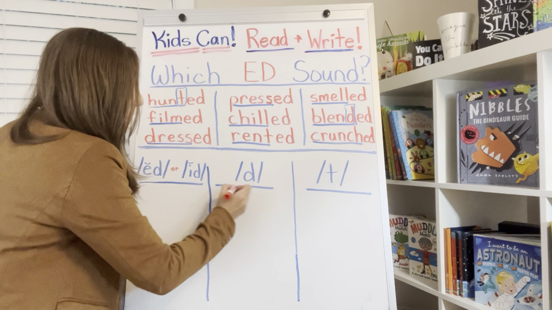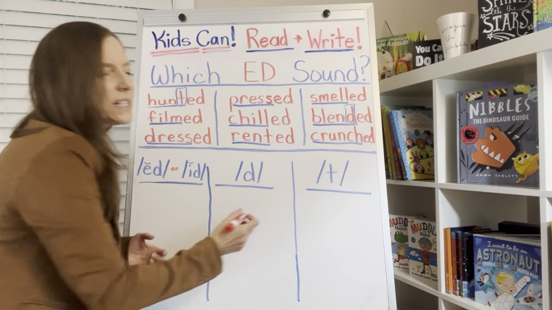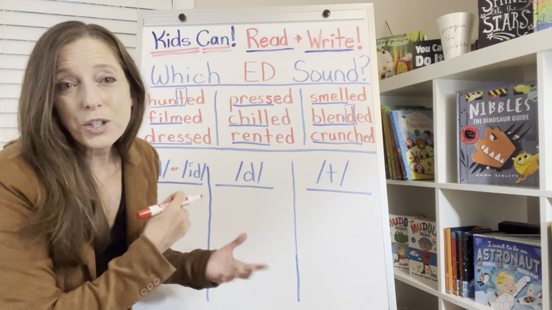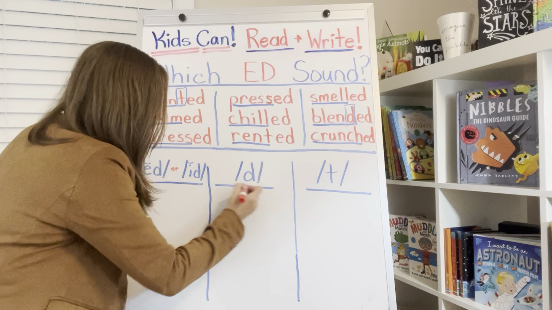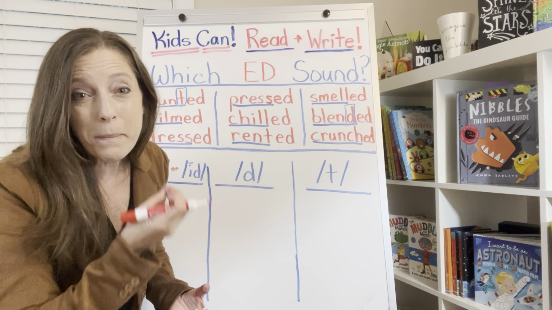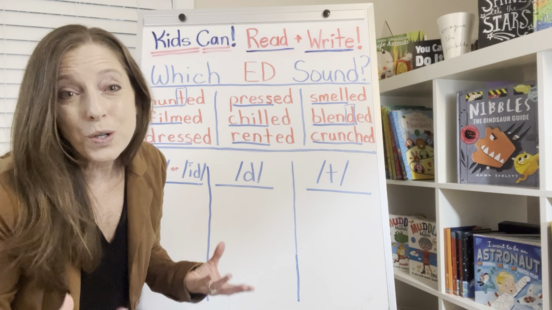And then we have the ed endings that sound like a duh. And then we have some that when you say the word really quickly, that duh turns into more of a t sound. Now it's really saying duh, but when we say it really quickly, it's hard for our mouths to move quite the right way, and it slurs into a t.